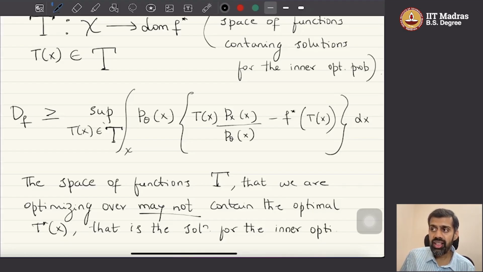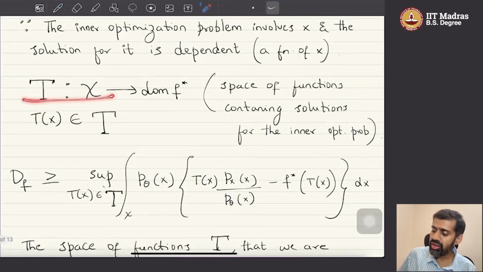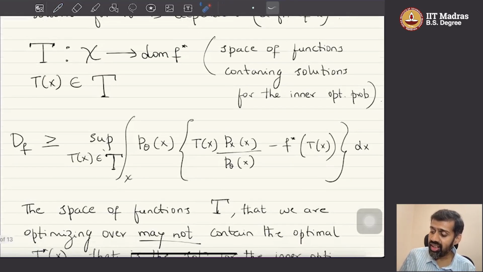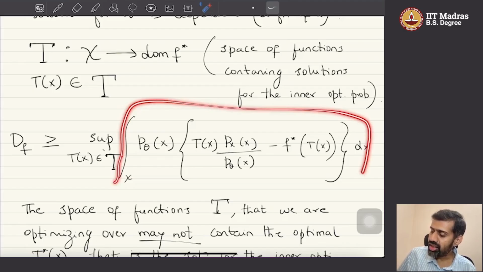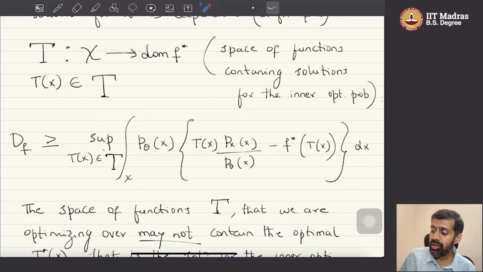Right? What we are saying is that while we are searching over a space of functions, from all functions from x to domain of s star, there is no guarantee that this space that we are searching over will actually contain that particular t star, okay, which would solve this optimization problem for all x, which means that the solution for this optimization problem that you calculate may not be exactly equal to the F divergence.